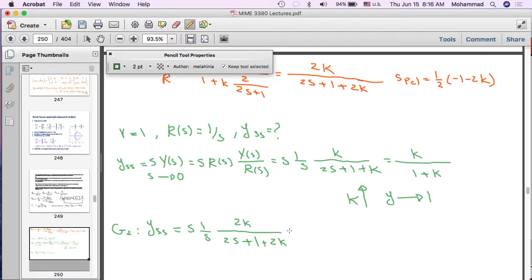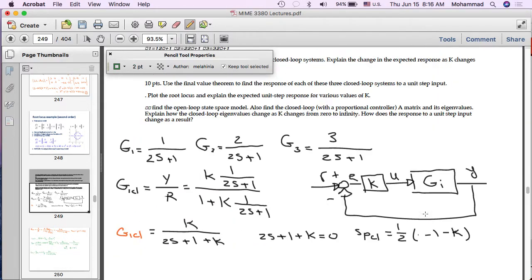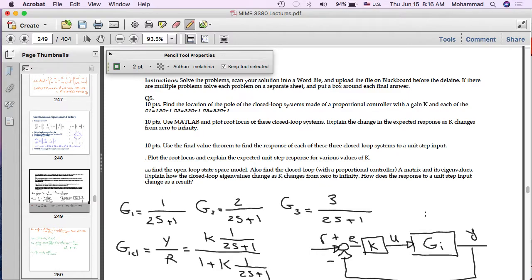After simplification, this simply becomes 2k over 1 plus 2k. So the same trend. As k goes up, y gets closer to 1, but the speed at which this gets closer to 1 is more. So with the same value of k, the second transfer function gives you a value that is closer to 1. So that was the third part.